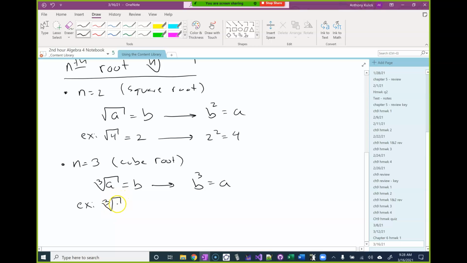Like when we dealt with the difference of two cubes factoring, we observed that 2 to the third is the same thing as 8. That was a piece that often came up when factoring sums or differences of two cubes. So we know that the cube root of 8 must be 2, right? That's a perfect cube that we're familiar with.